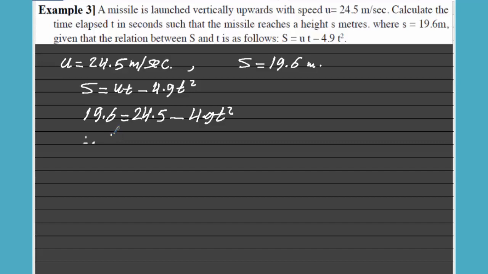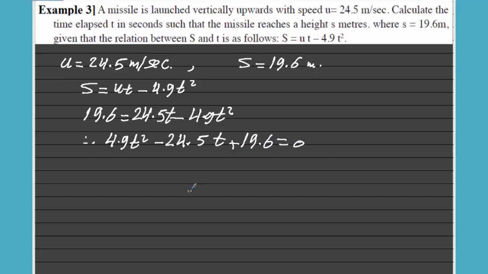So we write 4.9 t square, here is t, minus 24.5 t plus 19.6 equals 0.